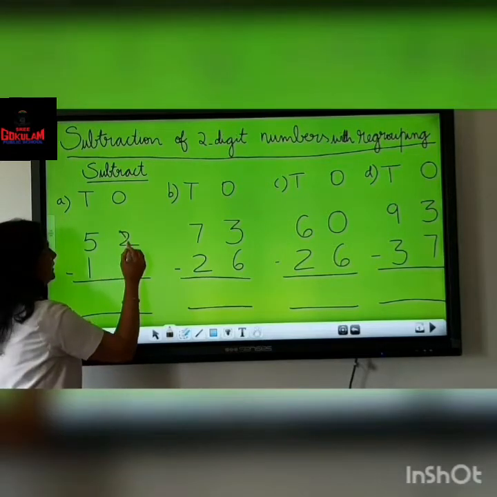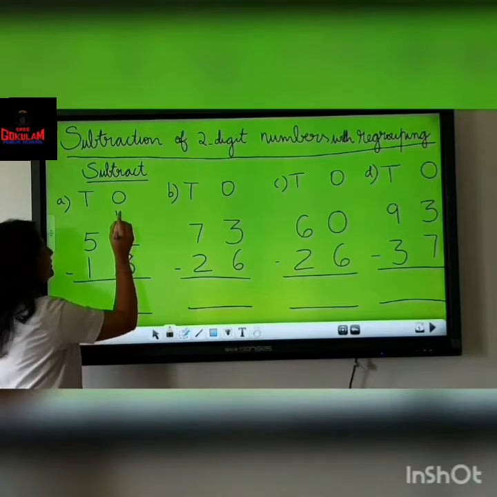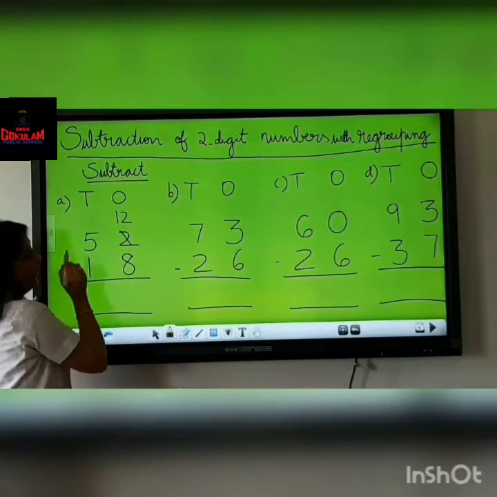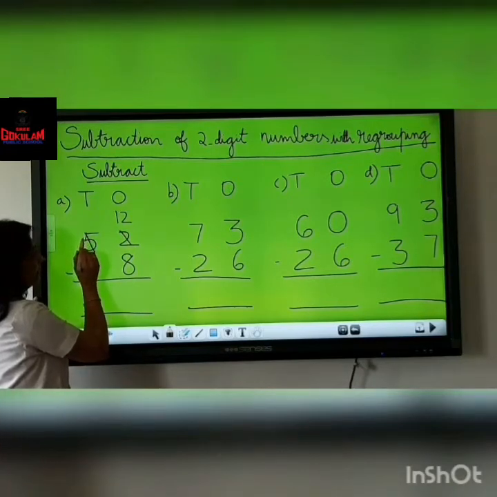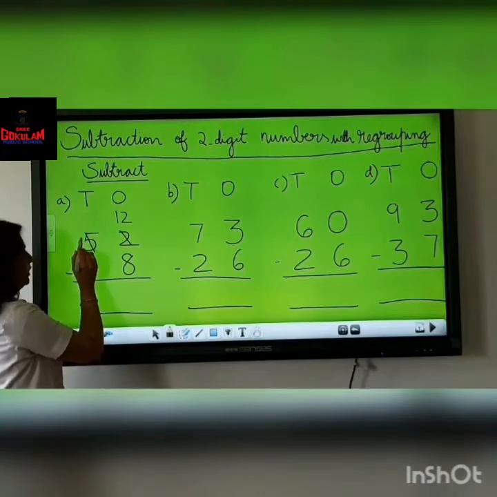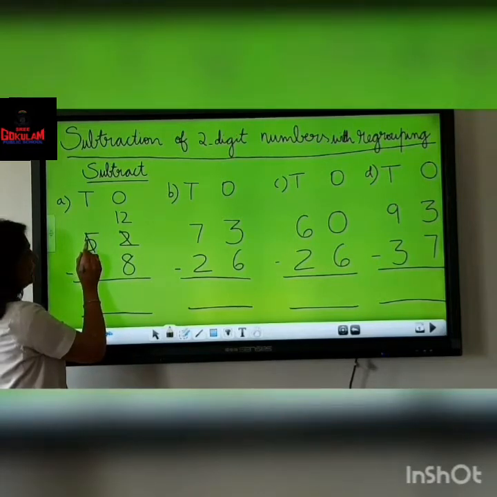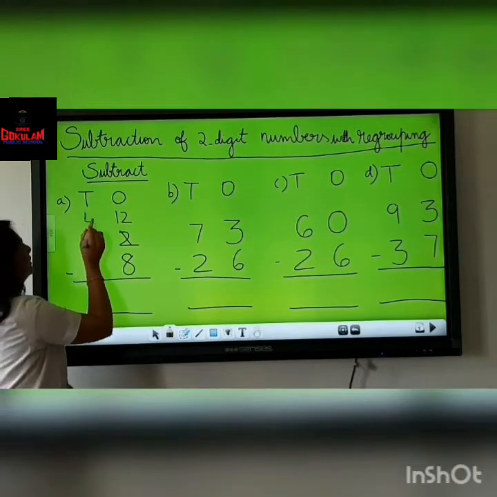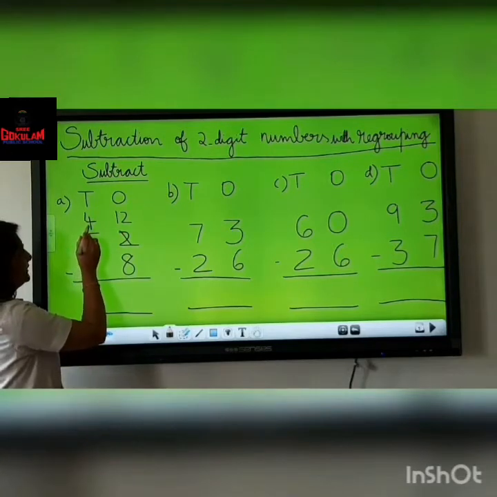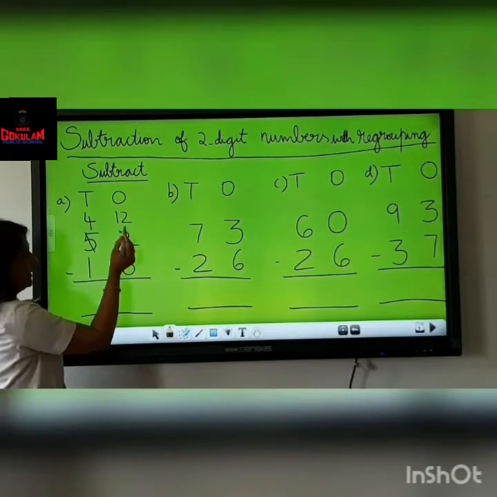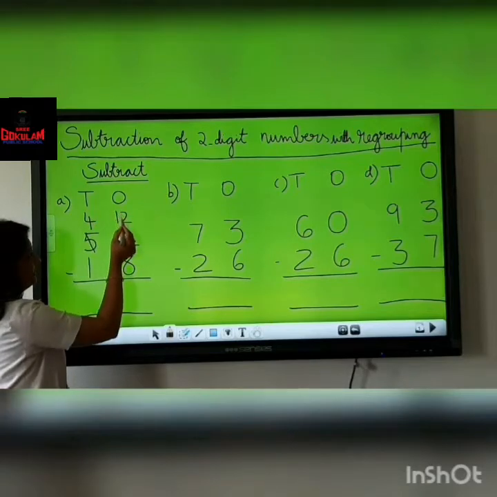So, this will become 12 ones. As soon as we borrow, the tens place will be 1 less. So, 5 minus 1 is 4. Now, we have 4 tens in the tens place and 12 ones in the ones place.